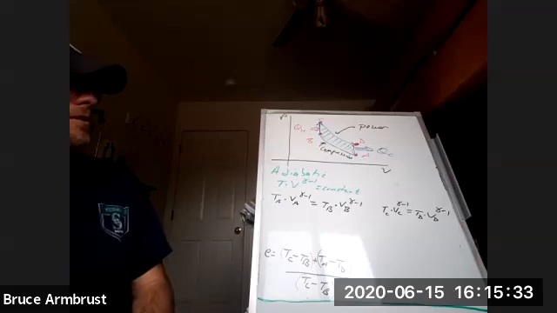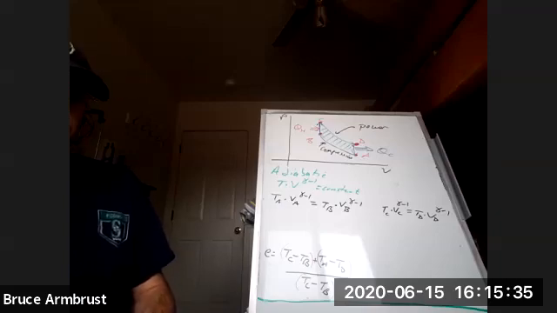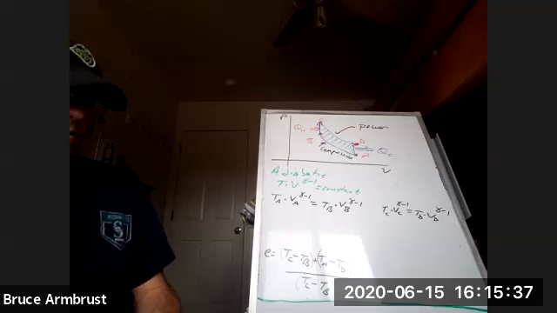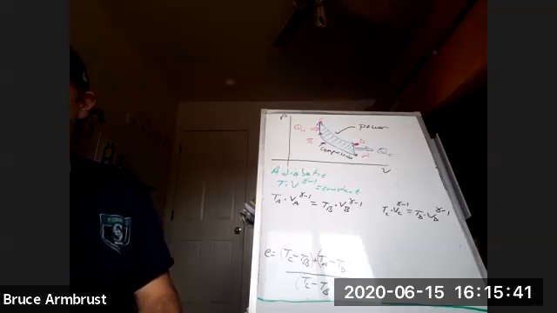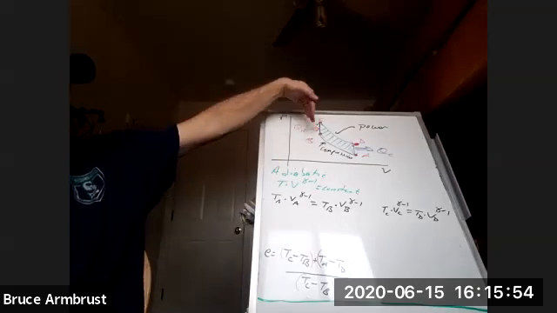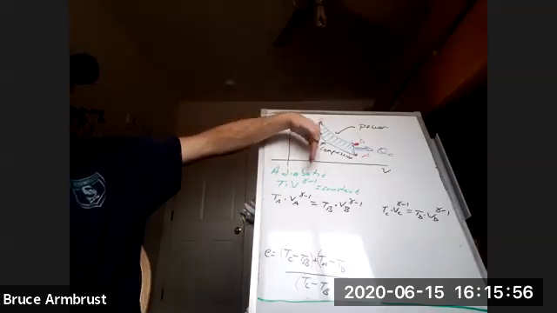Which ones are equal? Which of the V's are equal to each other? It's this easy. Remember, volumes, vertical lines are same volume.